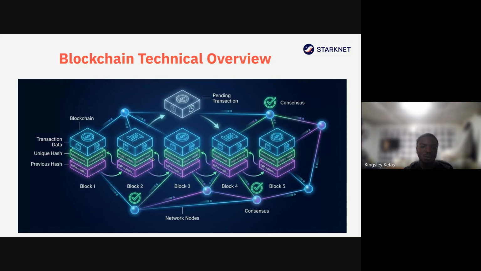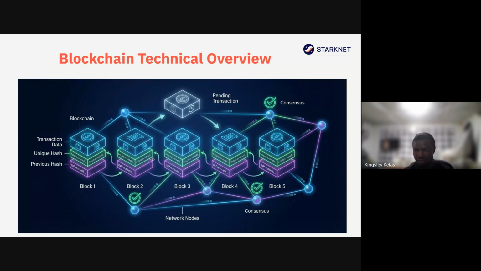And when a particular node is trying to validate this block, he gets this hash. If a node is trying to validate this block again, he gets the same hash. But if any node tries to alter any data of this particular block at all, even if it is just the time that block was proposed, and it is then validated, the hash will change entirely. It will change completely.